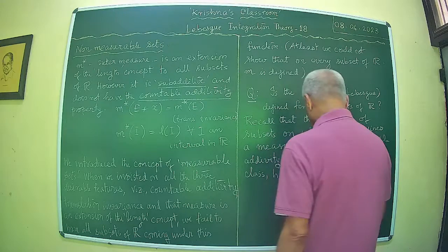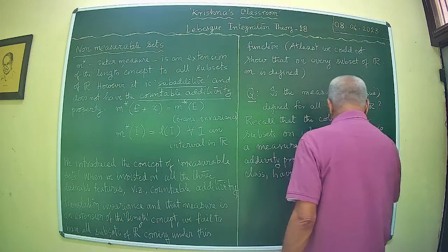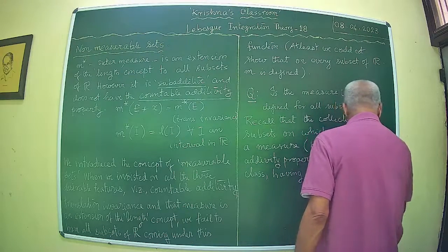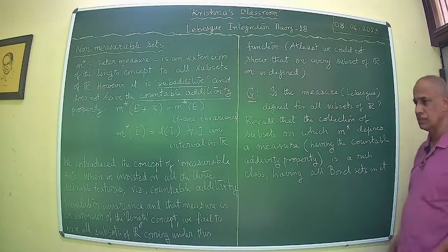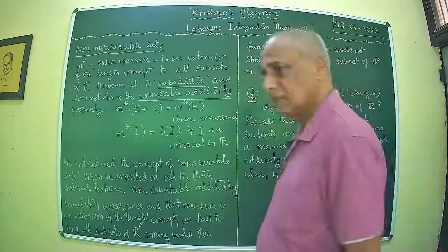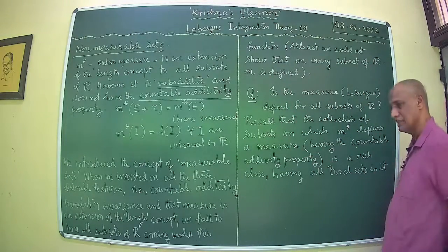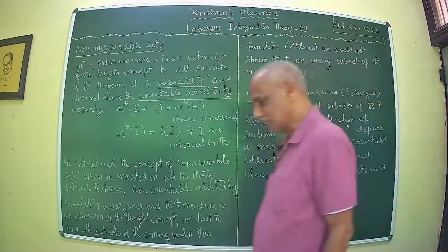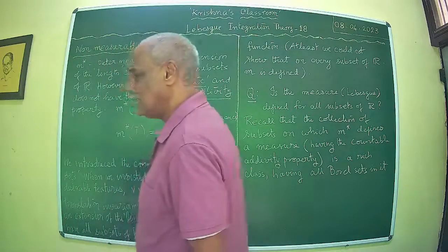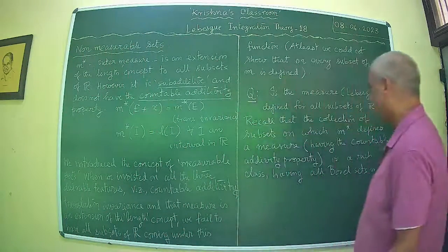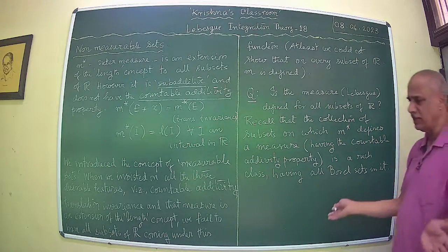It has all Borel sets. That means all open sets are there, all closed sets are there. Then the smallest sigma algebra that contains open sets is a subcollection on which M star is equal to M. So it is already big enough.